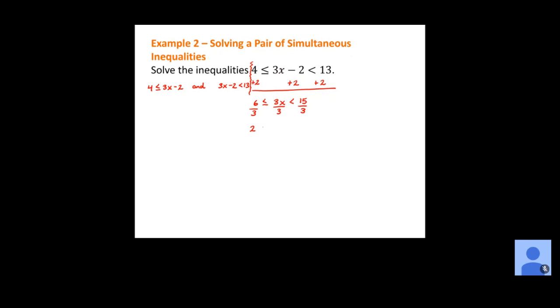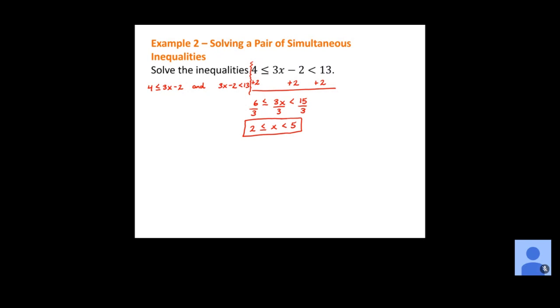Stays the same. Good. I did not divide by a negative, so that's going to stay less than or equal to. Now I have my x. Same thing over here. 15 divided by 3 is 5. I did not divide by a negative, so that sign stays less than. So this right here is our solution now.